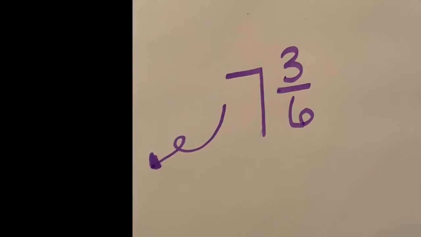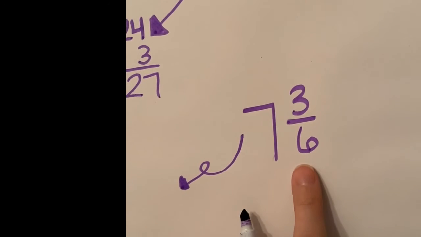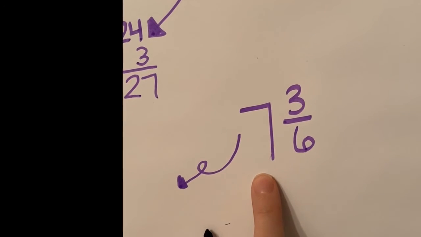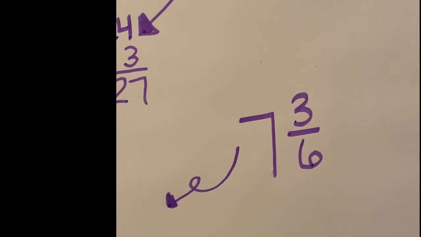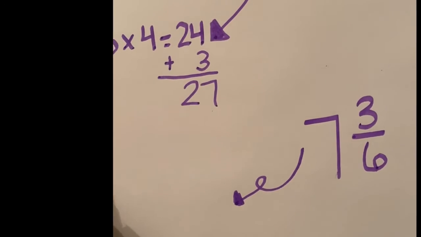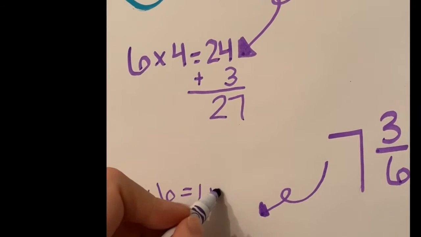So I'm going to follow those same steps. I'm going to multiply the denominator by the whole number. So when I multiply 7 times 6, I'm going to get 42. So 7 times 6 equals 42.